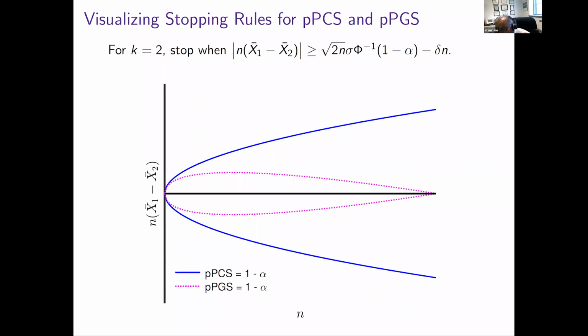Yeah, there your stopping condition would be checking when, as you said, the absolute difference of the sample means is big enough, then you would conclude one or the other. Correct. Yes.